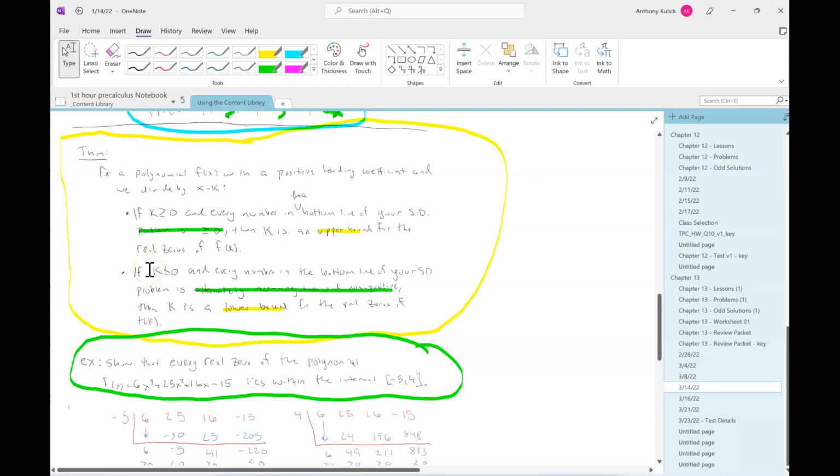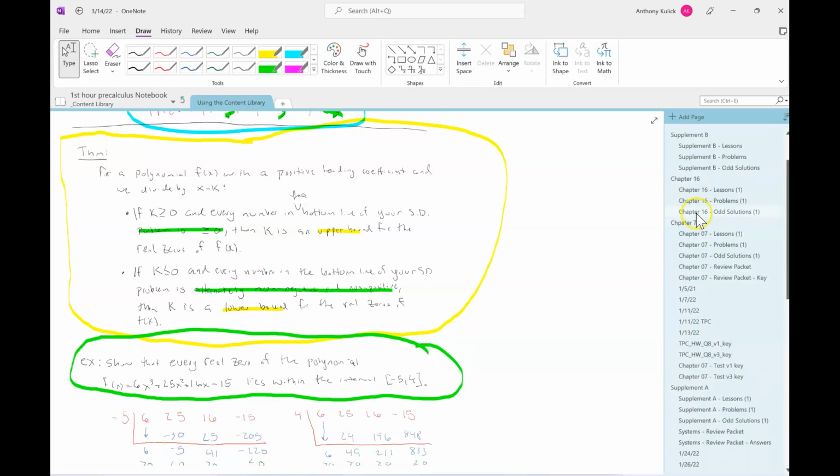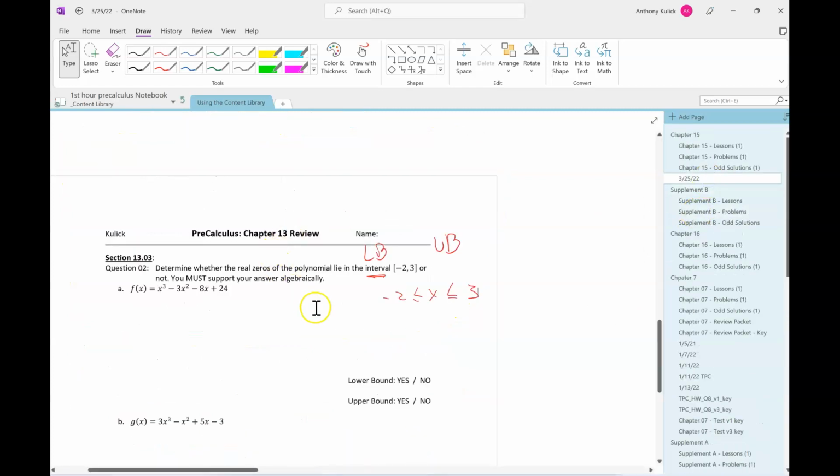So you can't have two positive numbers or two negative numbers and use this theorem. Which again, I wouldn't give you a situation where you couldn't use the theorem.